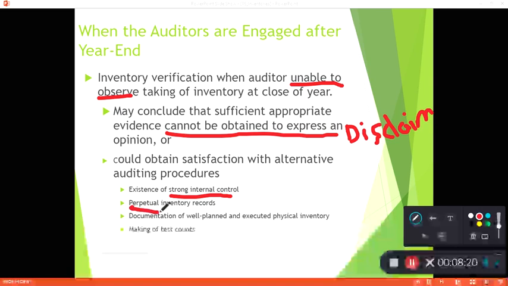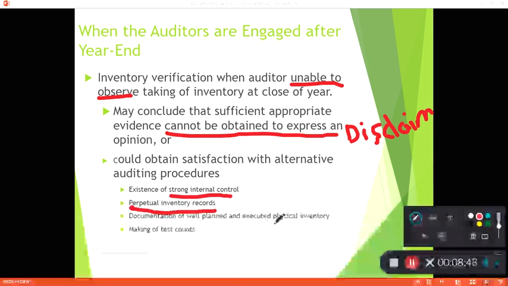If they have perpetual inventory records where you can go back and recreate, maybe you could do a test count at some point after you've been engaged, or have an inventory count taken, and then you can work backwards with a perpetual inventory and have a good sense that the ending balance from the prior year, the year you're auditing, lines up with what the perpetual inventory records say.